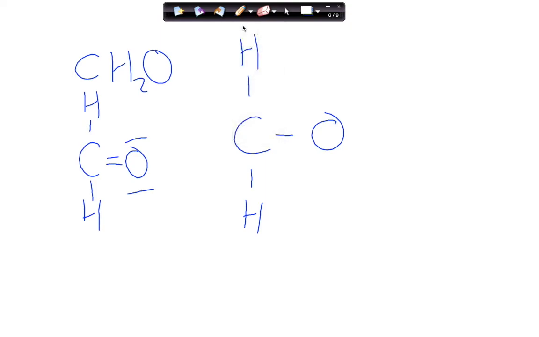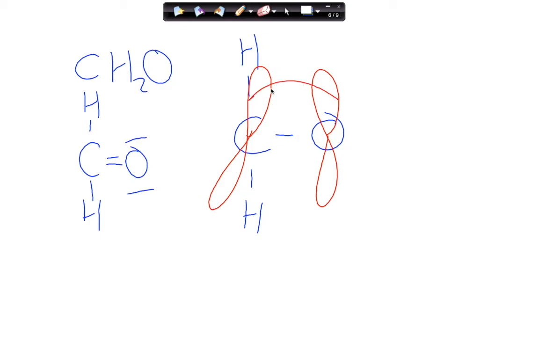And the way that this works is when the carbon bonds to the oxygen, it creates a single bond. Then you've got one p orbital that exists on both the carbon and the oxygen, and this wraps together top and bottom, and that creates the second bond of the double bond. So in this case, this doesn't resonate because these locations are not equivalent to that location. So you literally have a double bond and then two single bonds, and the double bond is created by this additional overlap of these p's.